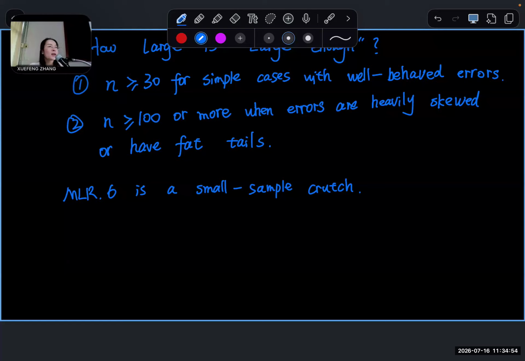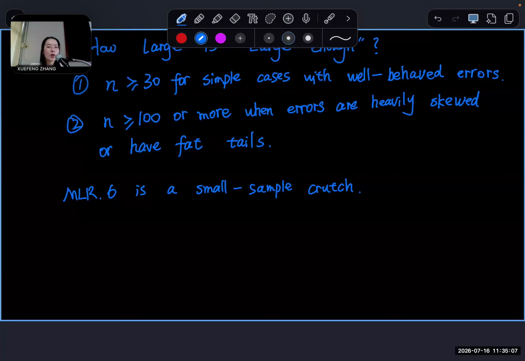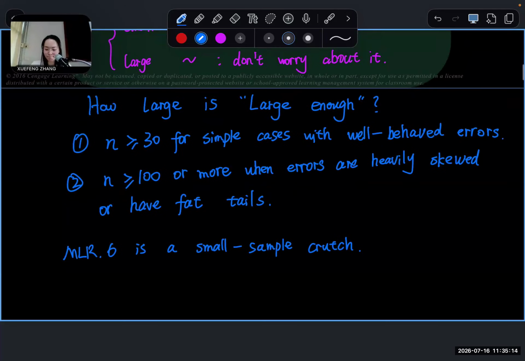This is why in most applied economics, you will see large data sets. Researchers don't worry much about whether errors are exactly normal because the sample size takes care of it, okay? Clear about this?